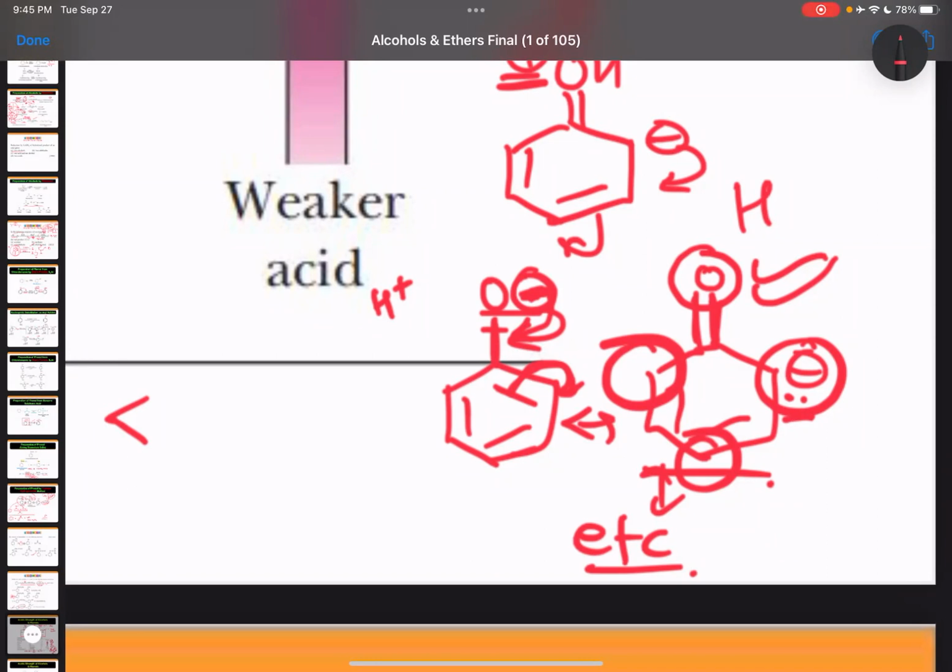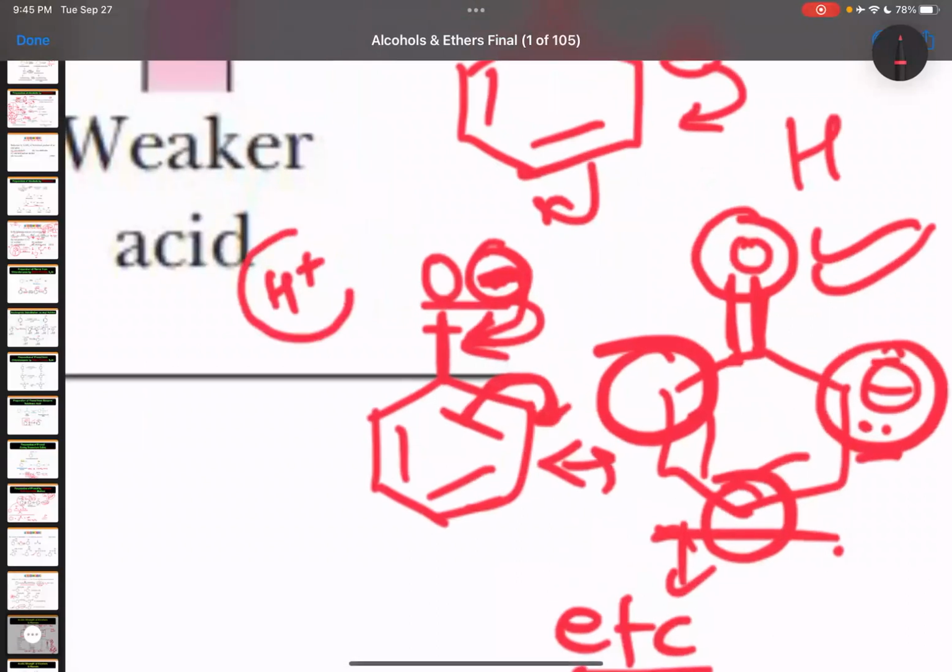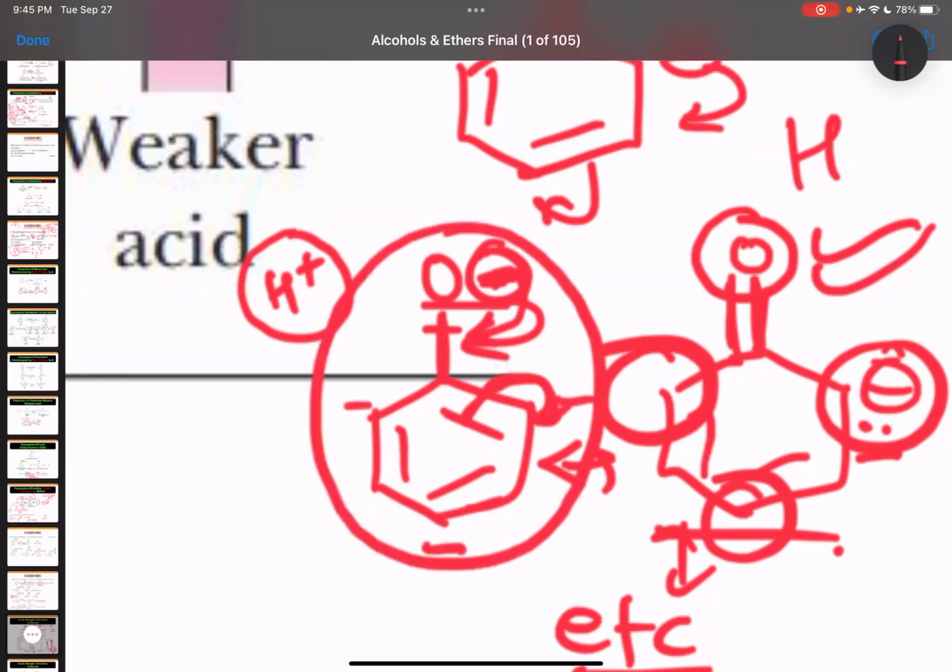And if it has successfully dispersed its negative charge, will it have more tendency or less tendency to join back with H plus? Will the tendency increase or decrease? Decrease. If the minus charge is dispersed, will it want to join back to H plus?